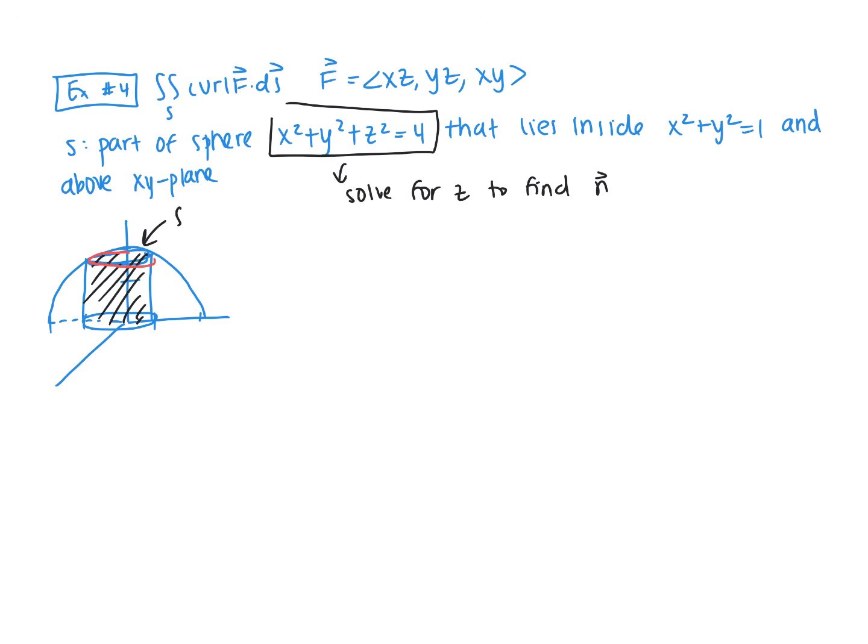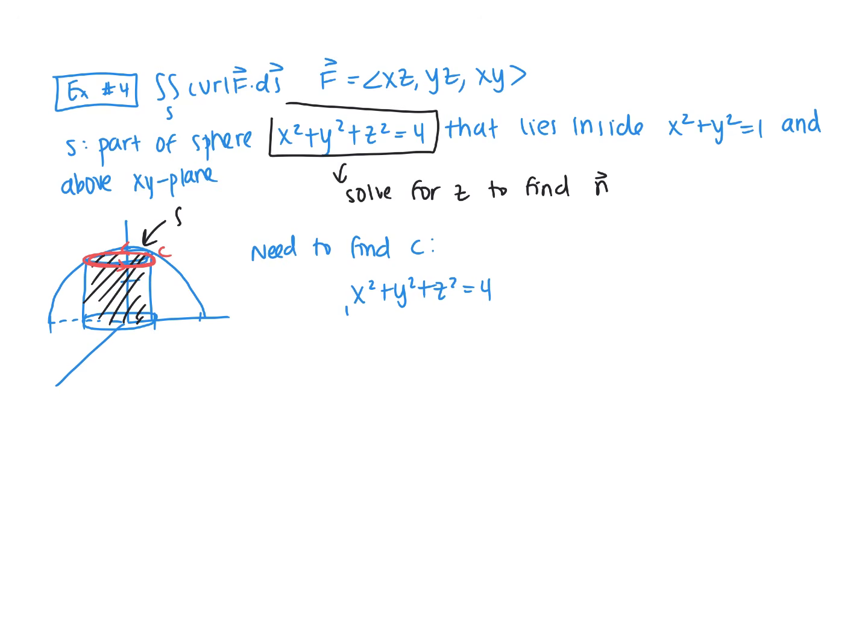This is our C. It's the intersection of our two surfaces. So we're going to calculate this as a line integral instead. To do that, we're going to need to find C. So we start with x squared plus y squared plus z squared equals 4.